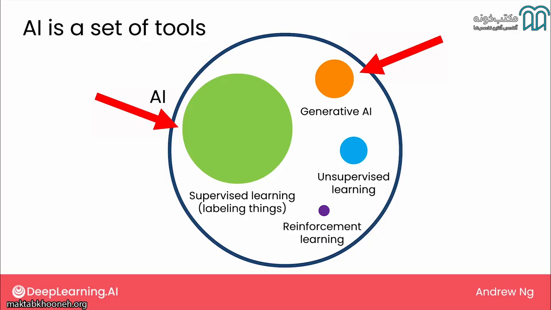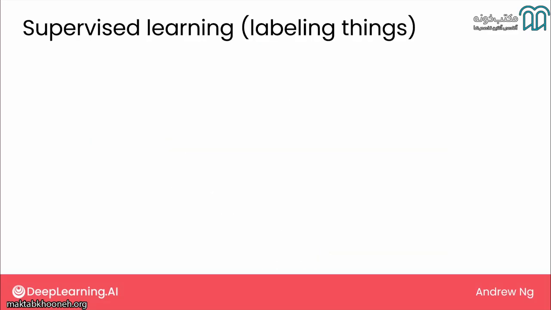And these two, supervised learning and generative AI, are the two most important tools in AI today. And for most business use cases, you should be fine if you just don't worry about the other tools for now.